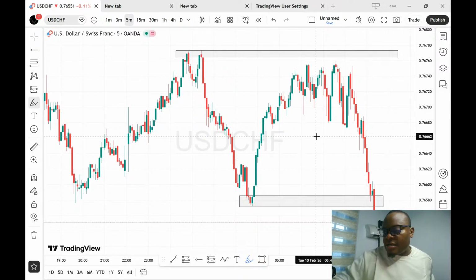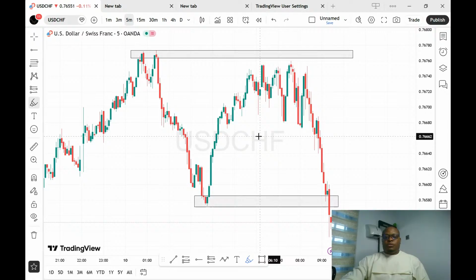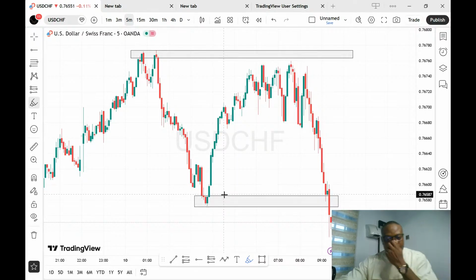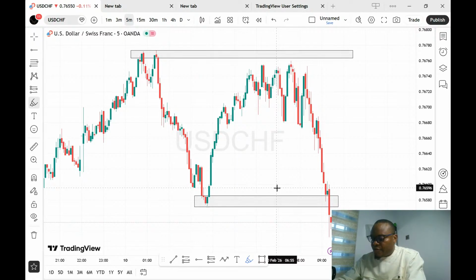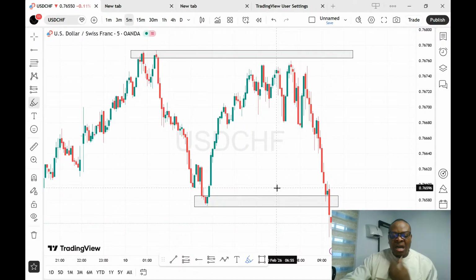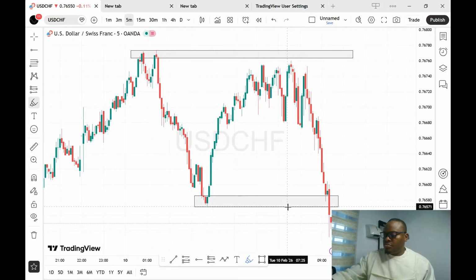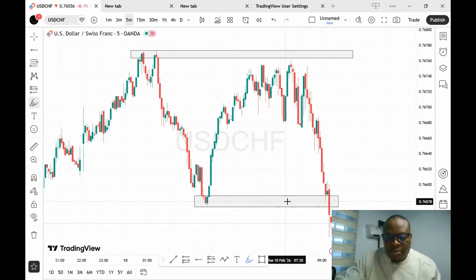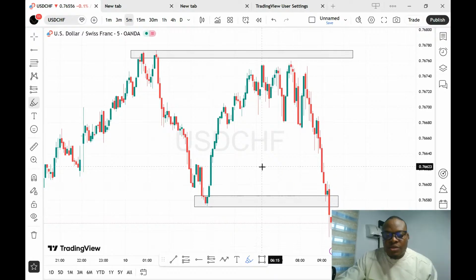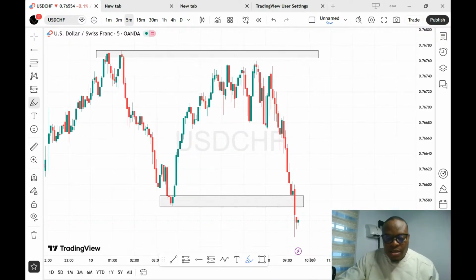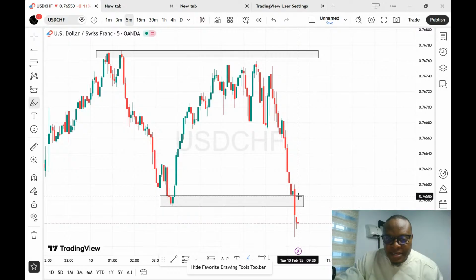If you see this chart now, you can see this zone here is currently my order block, and I'm waiting for price to come and tap this order block for a buy.